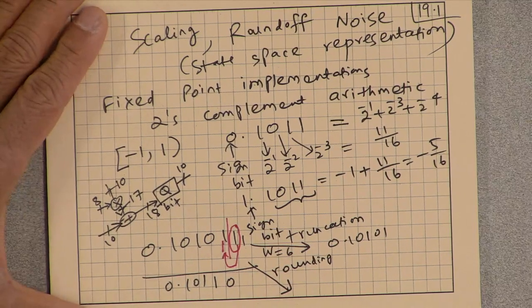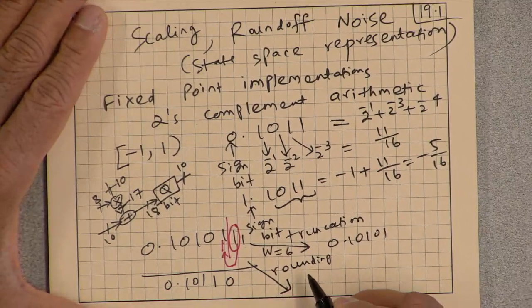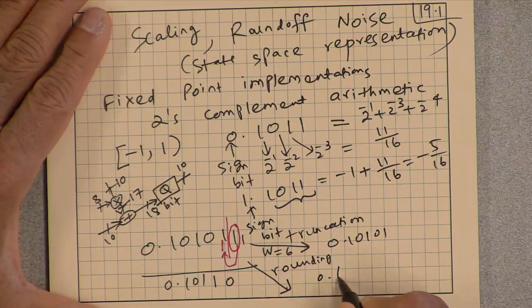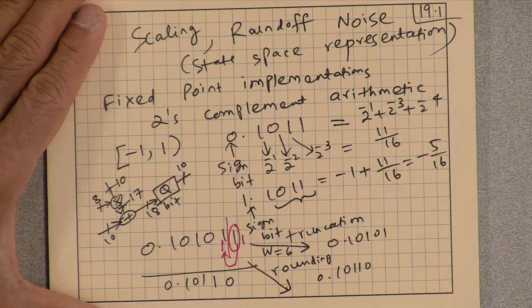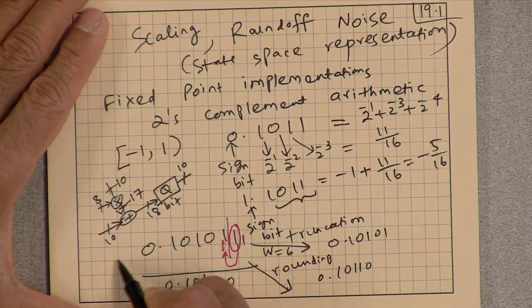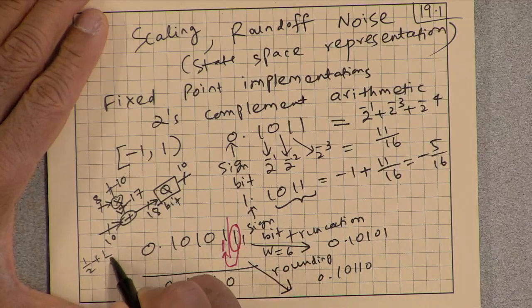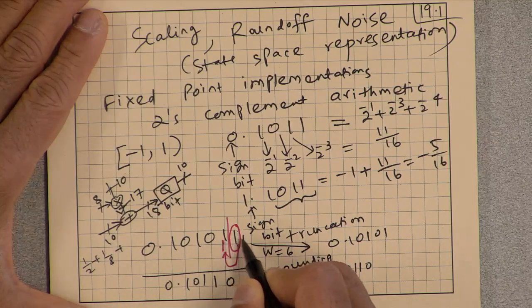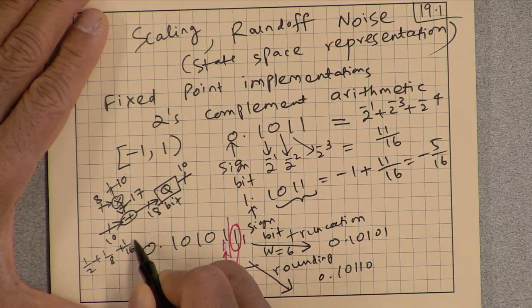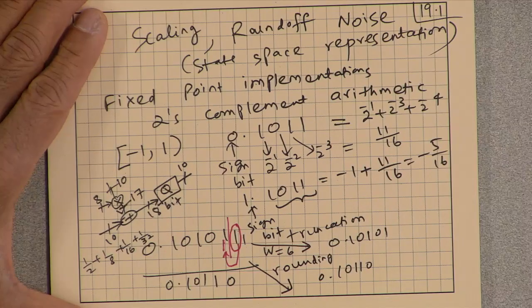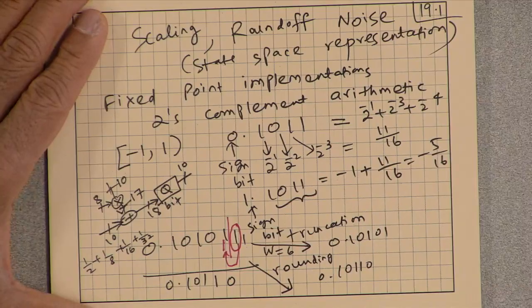So that's the number I get. If I round that, then we get 0.10110. Okay, so if we look at what this number was, this was half plus 8th plus 16th plus 32nd.